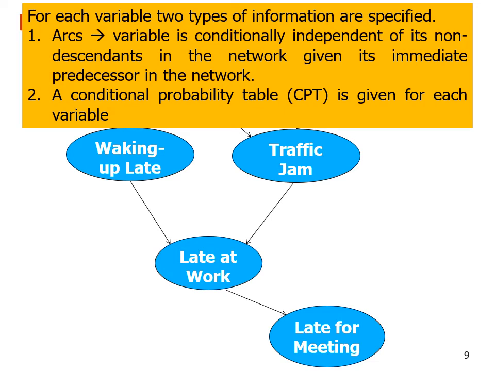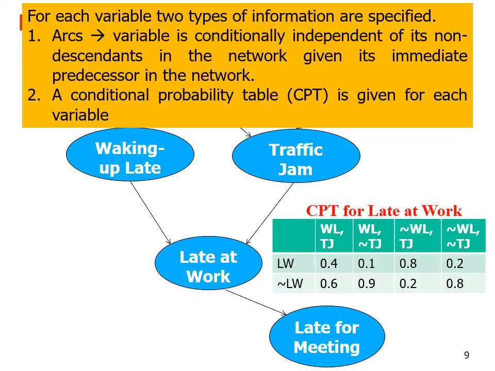So for example, now let us try to look at one conditional probability table that is associated with late at work. As I mentioned, the CPT for a variable under consideration describes the probability distribution for that variable given the values of its immediate predecessor.